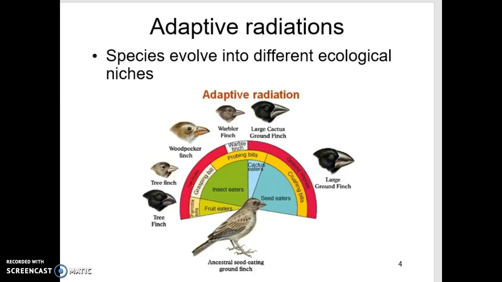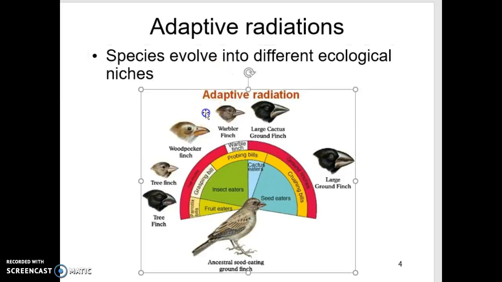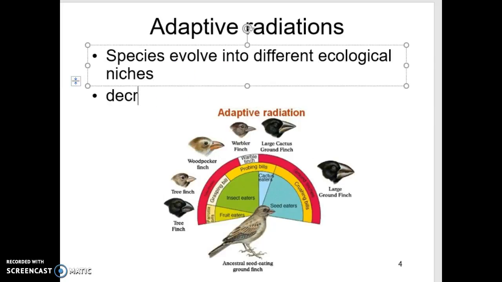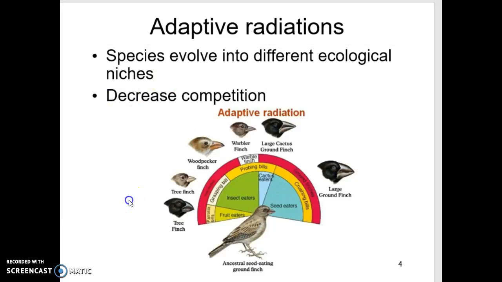Again, this is often done in order to decrease competition. If everybody evolves differently into different niches, it will decrease competition, which is a great thing because then you don't have to worry about survival.